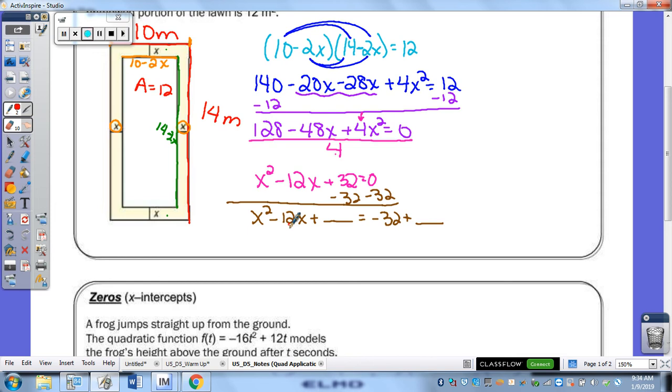And then we got to square it. So 6 squared is 36. 36 goes on those lines. So we get x minus 6 squared over there on the left side when we factor. Negative 32 plus 36 gives us a 4 over on the right side of the equal sign.